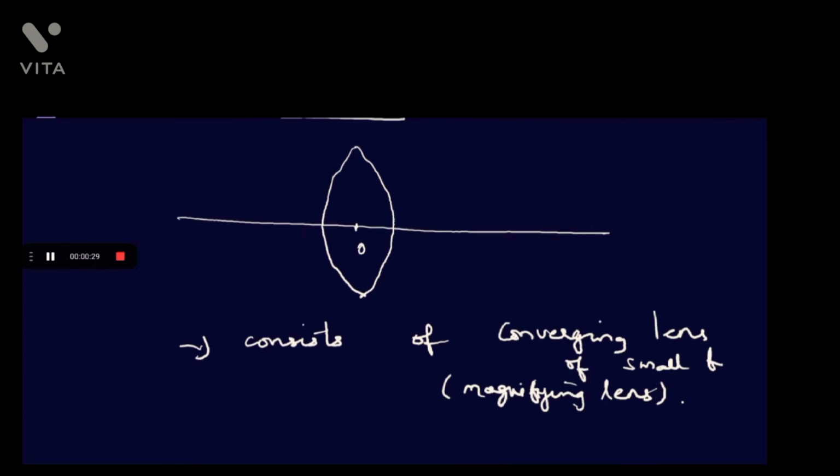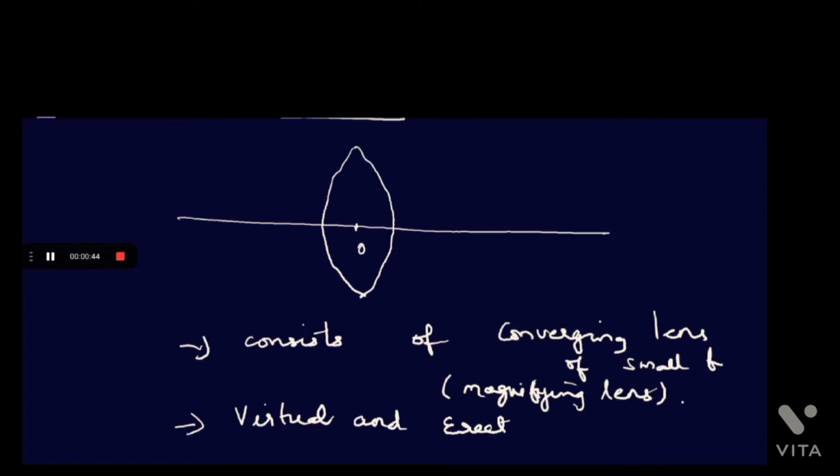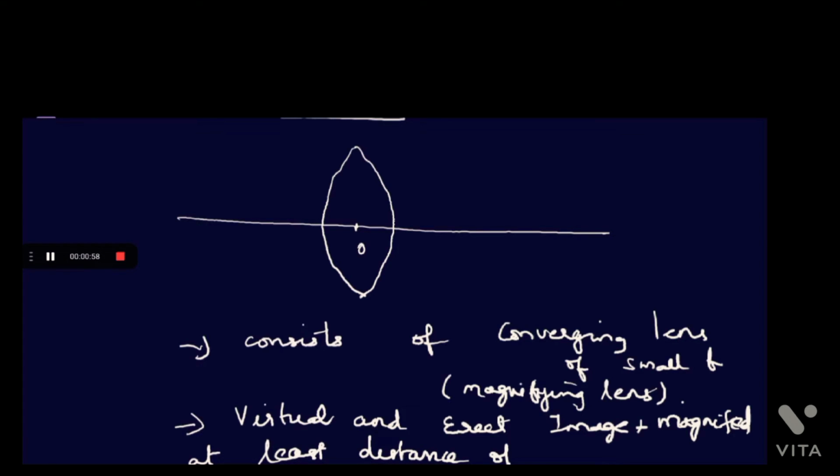We are going to take the image formation in such a way that when the object distance is between the focal length and optic center, you will get a virtual and erect image, so that your resultant image will be magnified, which is formed at the least distance of distinct vision, right?